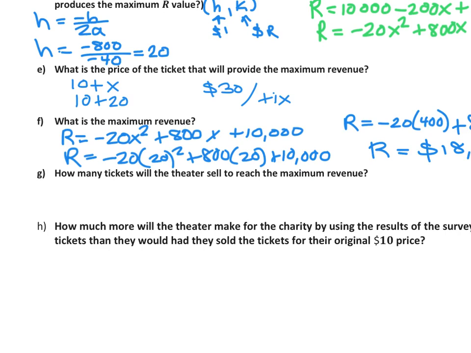Okay. So how many tickets will the theater sell to reach this maximum revenue? We know it's not going to be the 1,000. We're going to be taking several seats out. So our model for the number of seats sold is 1,000 minus 20 times x. In this case, we're increasing by 20 $1 increases, I should say.